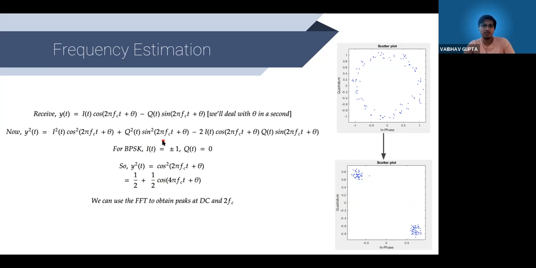So for example, we know that common emitter amplifiers have a phase shift of 180 because they have negative gain. Similarly, if you look at your RF filters, if you go back to the website we used to design them, you'll notice that they have different phase responses. And so as a result of all our analog circuitry and additional things that happen in the air, we get some theta offset.